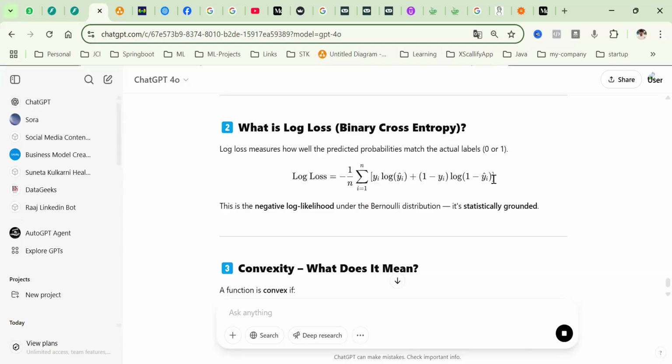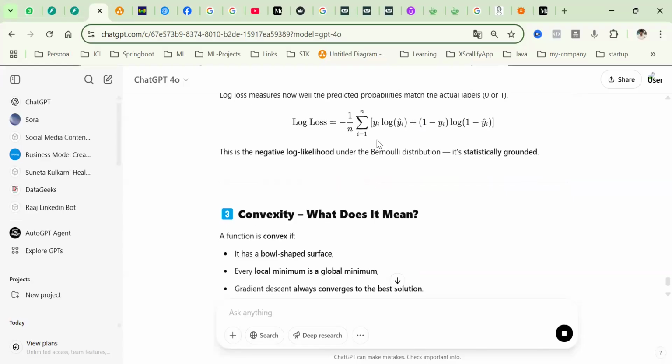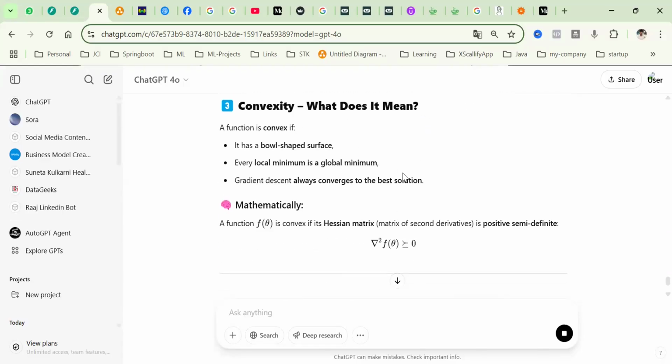You should know this equation. This is the actual value y, and this is the predicted value. We multiply the actual y by the log of the predicted y, so this becomes my log function. We apply this function and it will give me a convex graph.